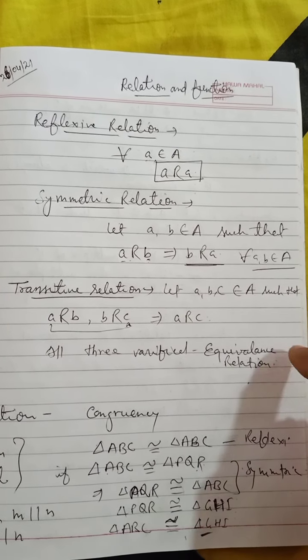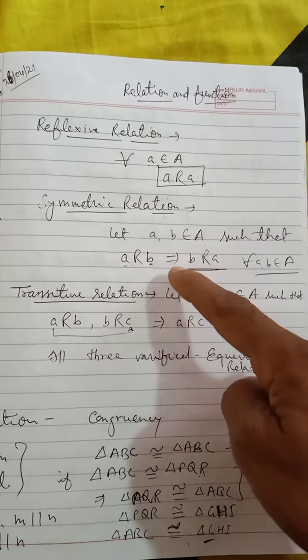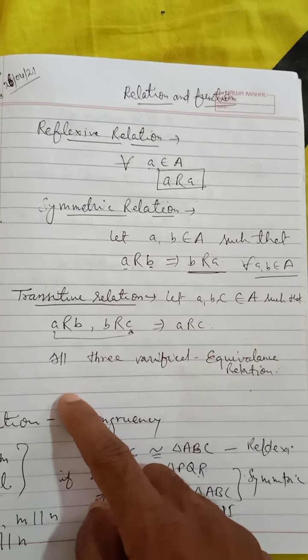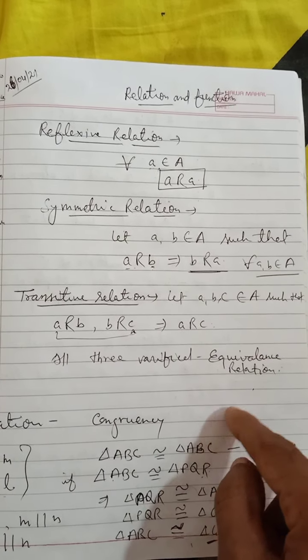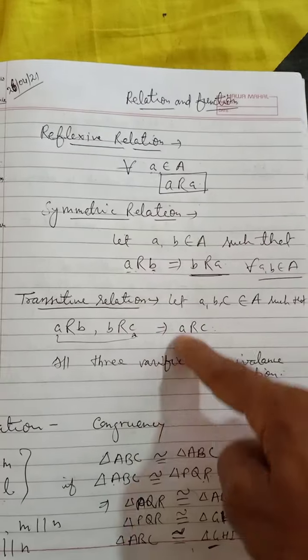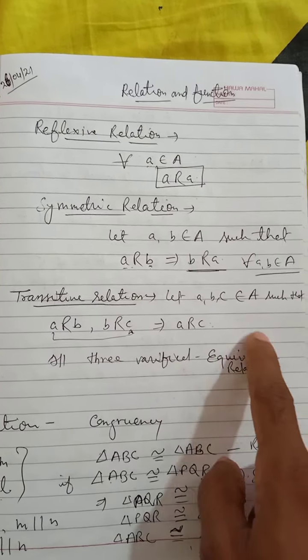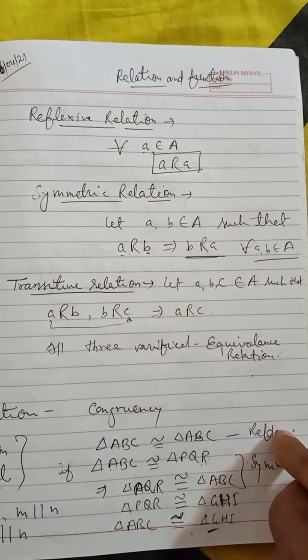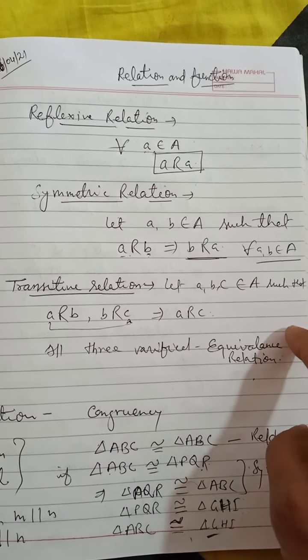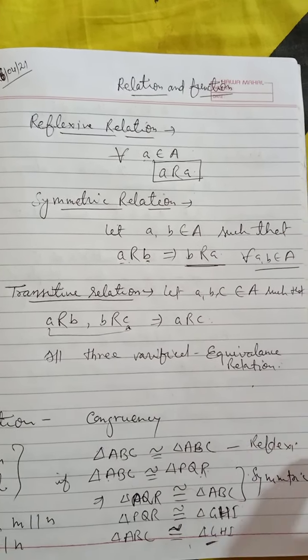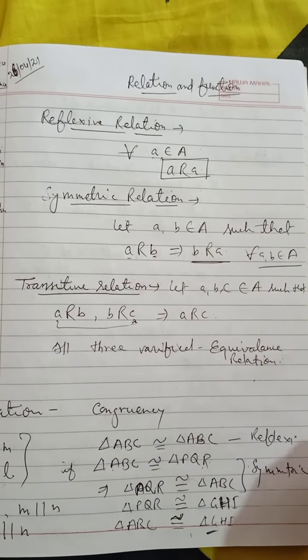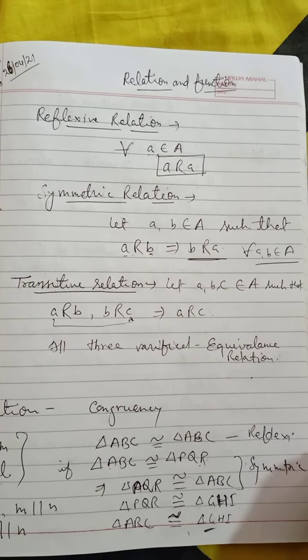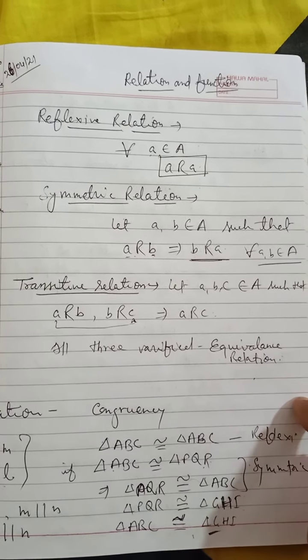Okay, what do we get? Reflexive, symmetric and transitive. Therefore parallel lines always satisfy all these three conditions, therefore it is an equivalence relation. Equivalence relation means it satisfies all three relations. So which are the equivalence relations?